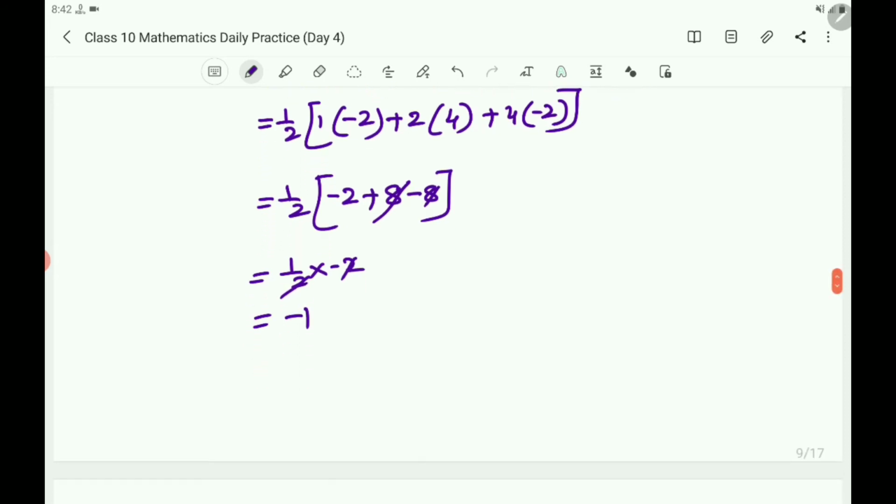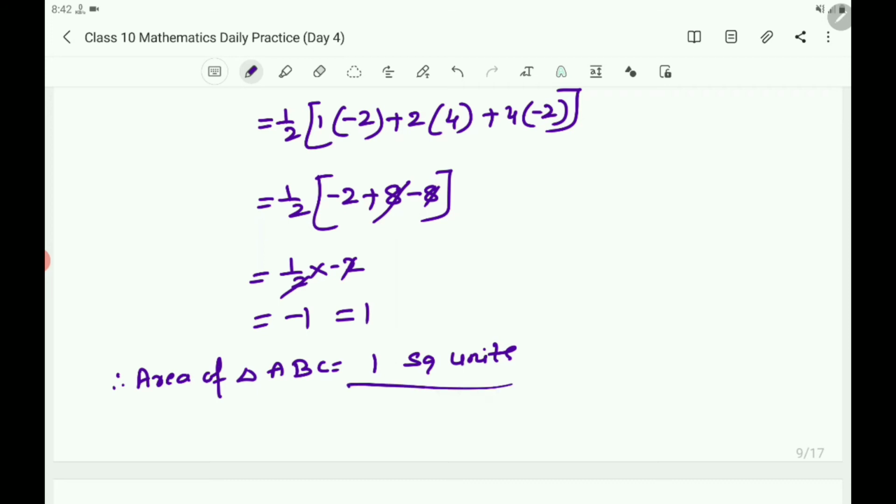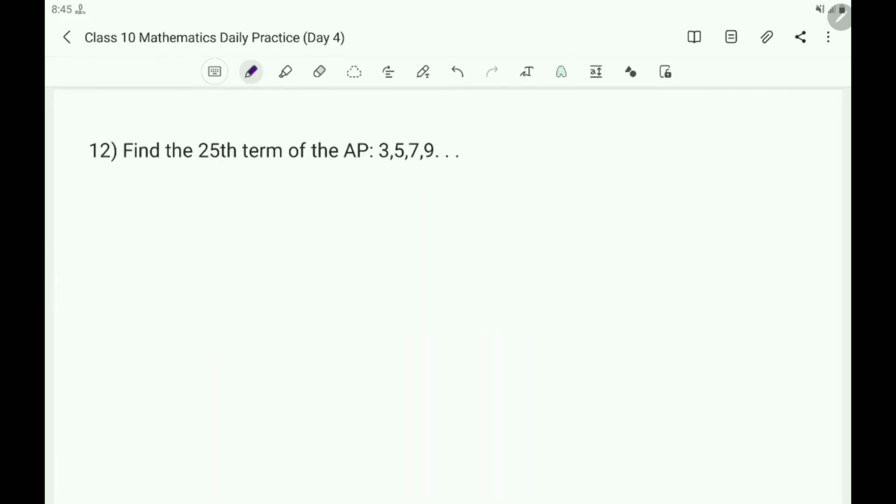As the area is positive, therefore you write area of triangle ABC equals 1 square units. Here you got minus 1, that is considered to be positive because area is positive. So area of triangle ABC is equal to 1 square unit.